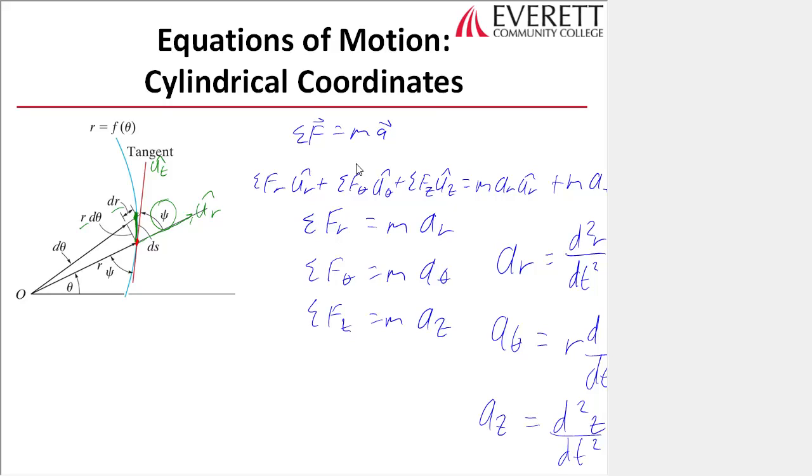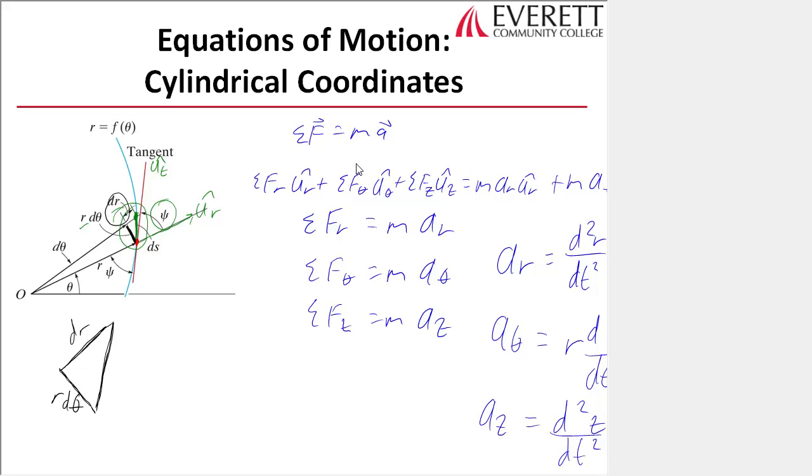Now we're going to say, well, how can we find that? And how we find that is I can make a triangle right here. See that little triangle? I'm going to blow that up. I've got a triangle where one side is dr. This side over, so that would be r d theta.